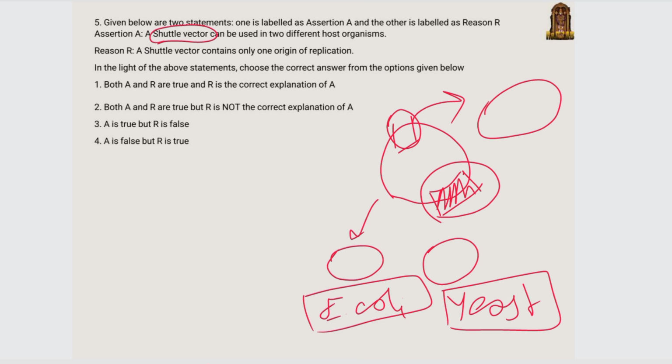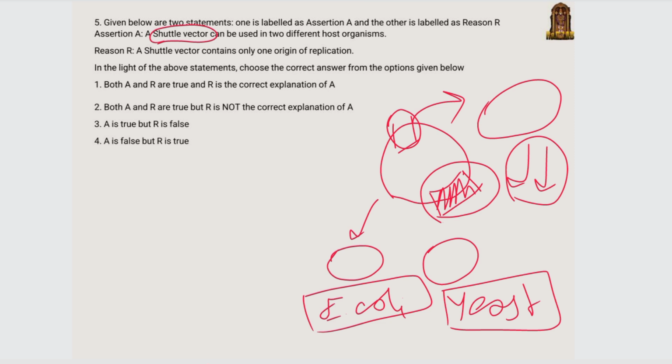And thereafter, no expression will be there. If the replication is not there, the further processes like transcription and translation would not be present here. So the expression will be very much down regulated. You will not be able to see the expression. So you should include both in that.